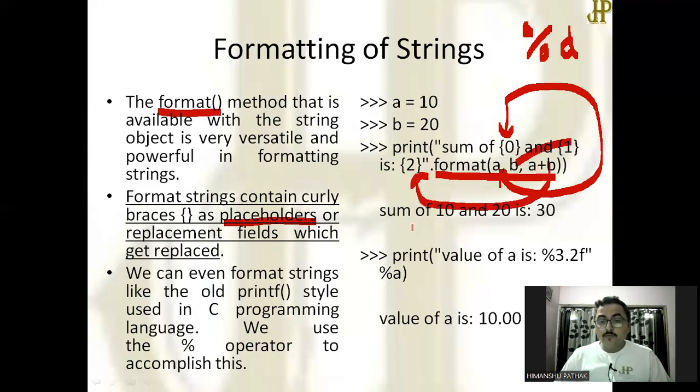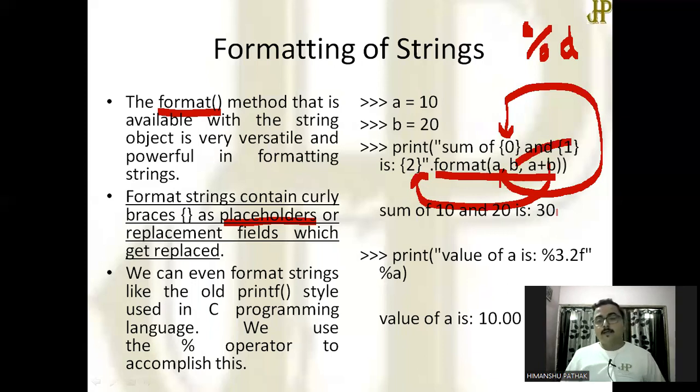So it will print: Sum of 10 and 20 is 30. Doing this, it is very easy to format in your style. Clear? Okay. So the format method is very important for designing the printing material.